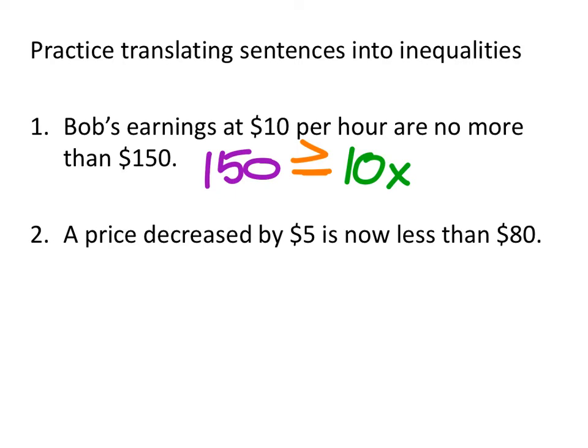So the next one, a price decreased by $5. So X, we'll say, is the price. It's been decreased by $5. It's now less than $80. So this is a pretty direct translation. There we go. So this would be the translation of that sentence into this inequality. But again, some of you did the price on that.